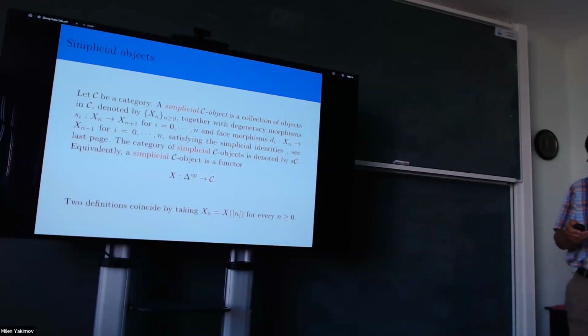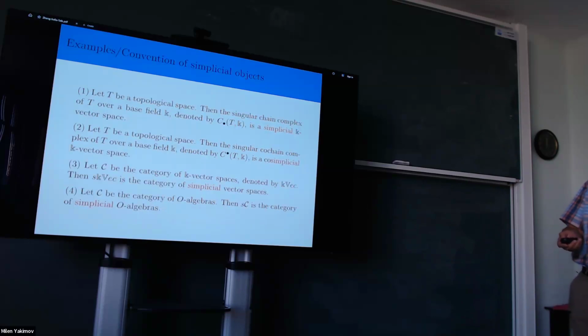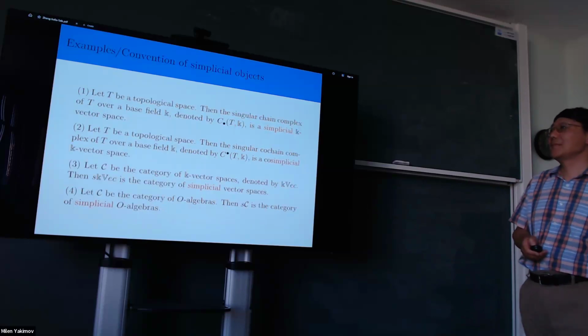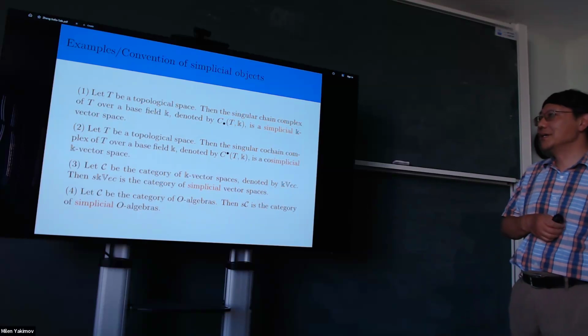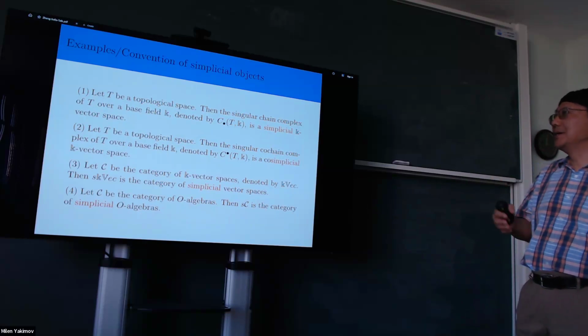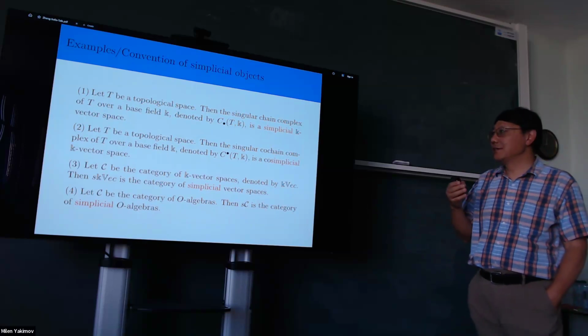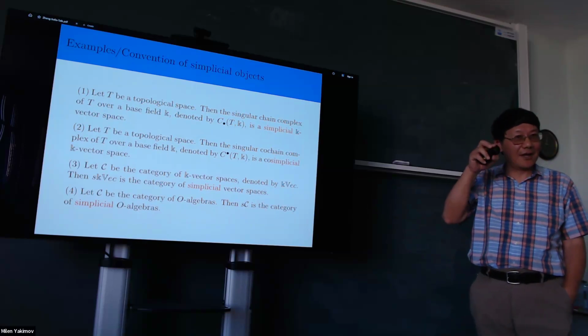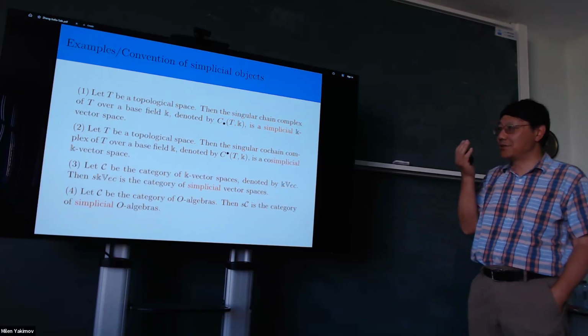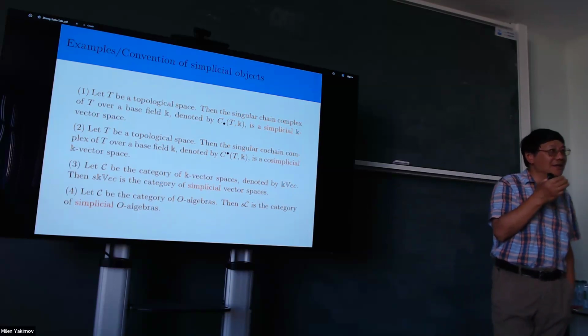Here are some examples. If T is a topological space, the singular chain complex over some base field K, C dot(T, K), is a simplicial K-vector space.